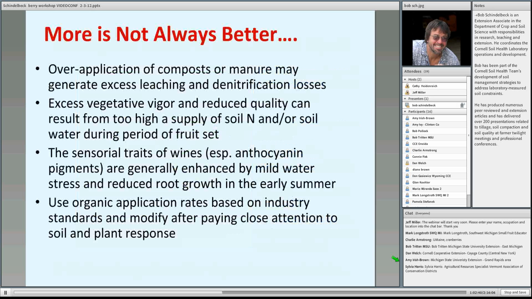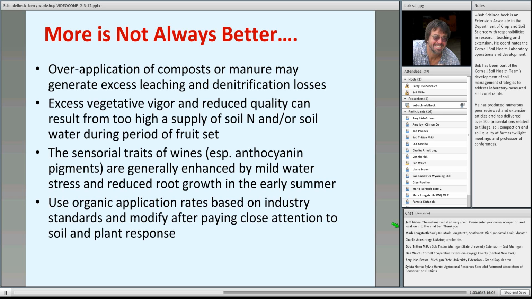Right, and this is also something we see in Harold Van Ness's book. More is not always better, so we have to be careful, particularly when we apply compost and manure on the surface of the soil. It's very easy to over apply and cause leaching and denitrification concerns.